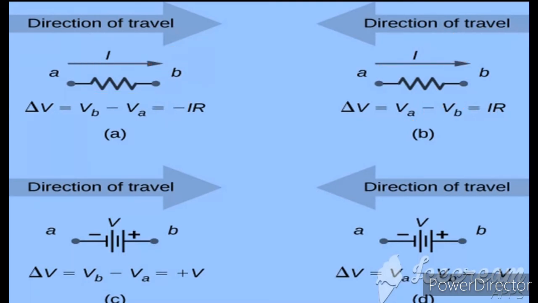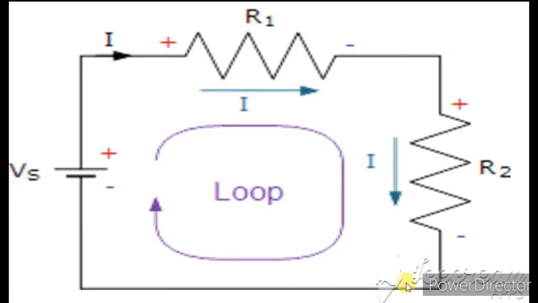Okay, so using this, when you write the equation, first let us start from this point. From this, it is traveling along this direction. So the statement is the product of current and resistance. So this is current, this is resistance.